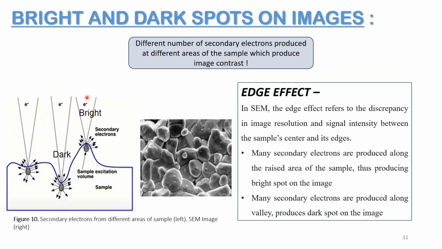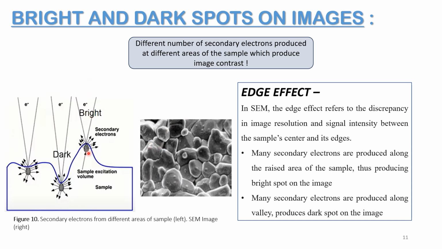When the electron beam falls onto the sample surface, the sample may have some raised area, and some valley type area which is deeper. So when the electron beam interacts with this sample, different numbers of secondary electrons are ejected, which are responsible for this contrast in the SEM image.